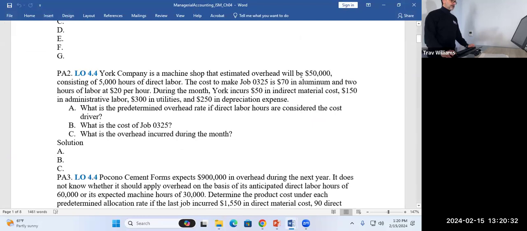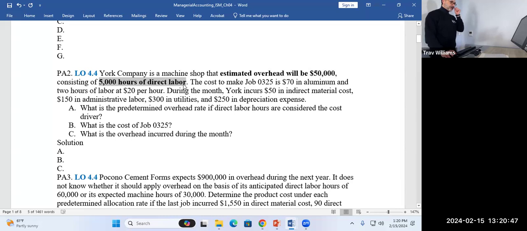All right, this company has estimated overhead of $50,000, and they have estimated direct labor hours to be 5,000. This job has $70 in aluminum costs.